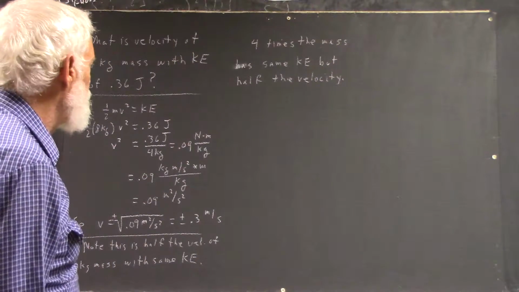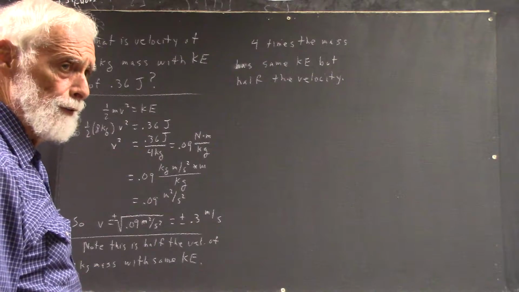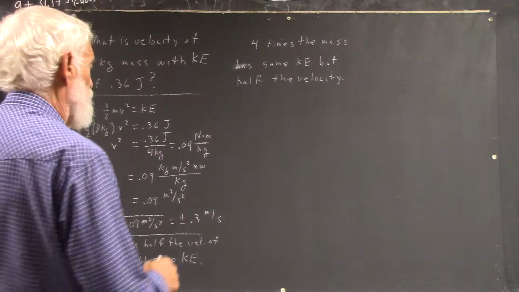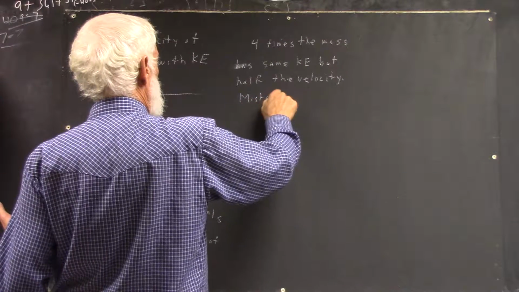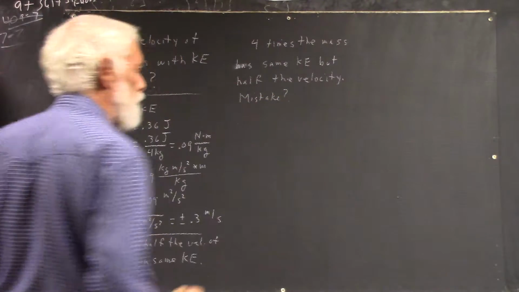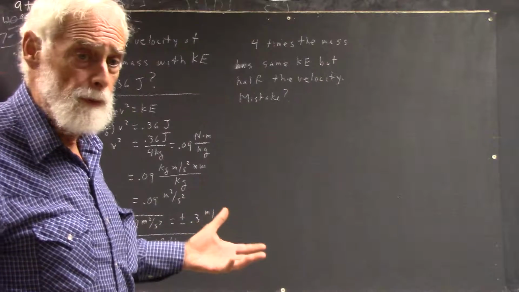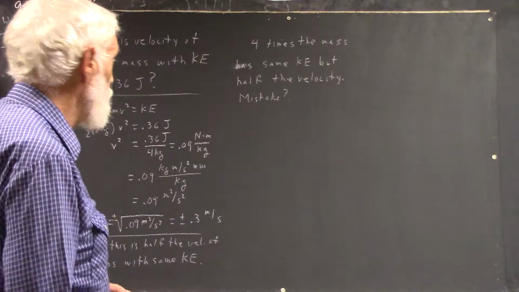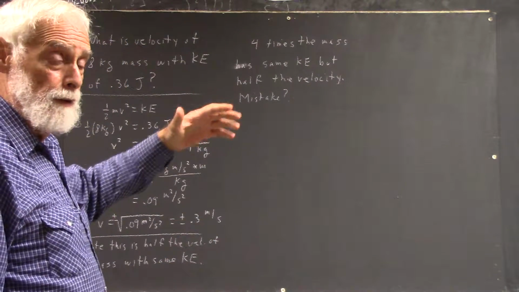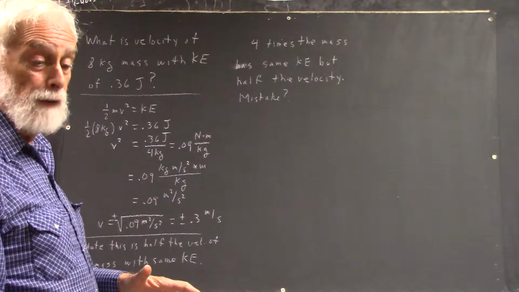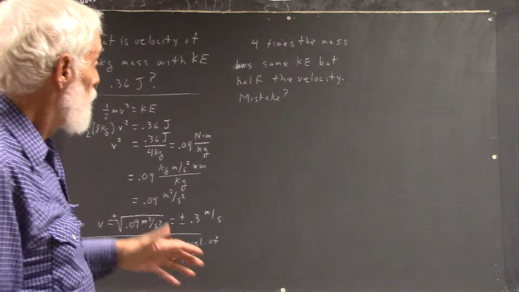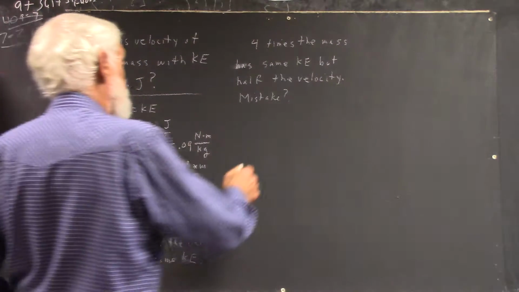Four times the mass has the same kinetic energy, but half the velocity. We have a mistake here. Shouldn't it be 4 times the velocity, or 1/4 the velocity? More mass with the same kinetic energy is going to have less velocity. Well, no, that's not a mistake.